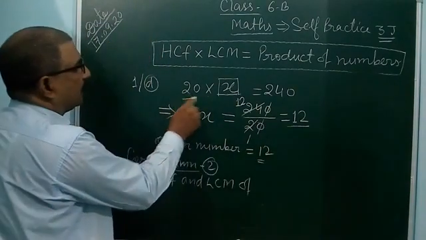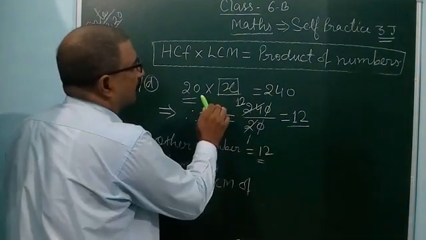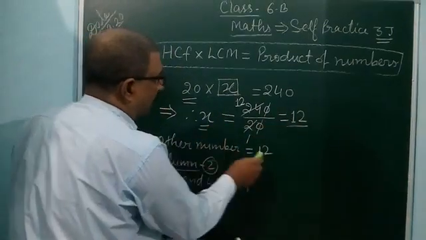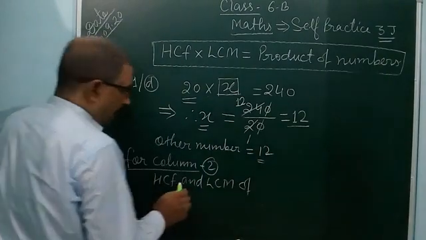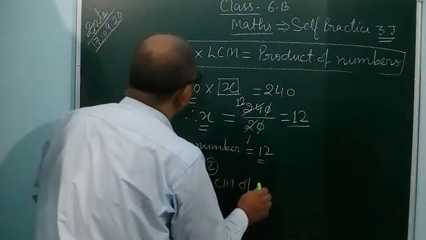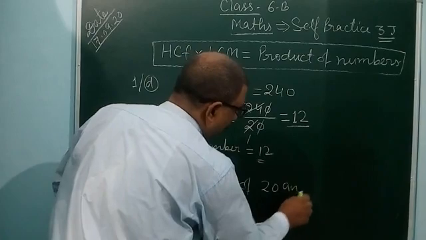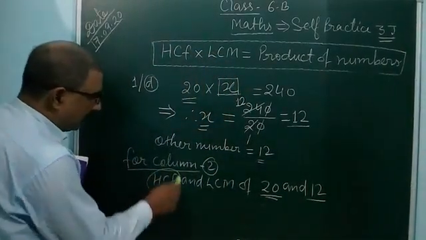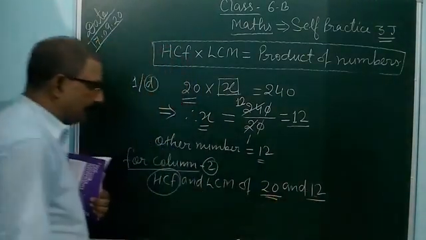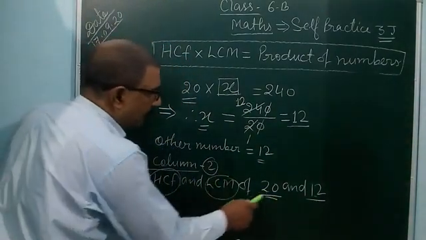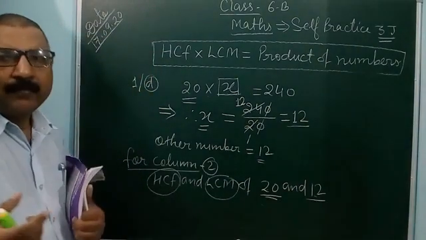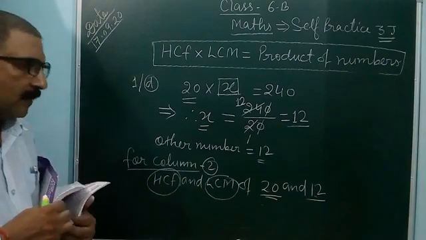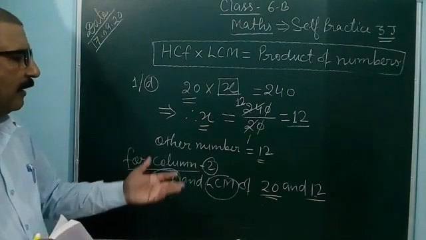The first number is 20 and the second number, in the place of x, is now 12. So firstly you find out the SCF of 20 and 12, and second you find out the LCM of 20 and 12. After finding SCF and LCM, you can multiply them together and you will have the answer.